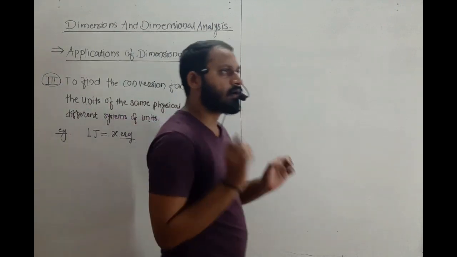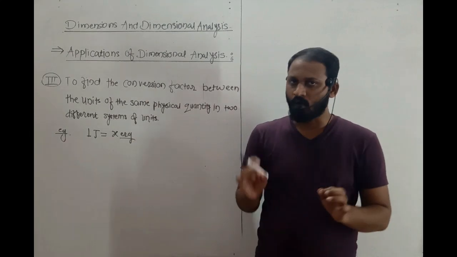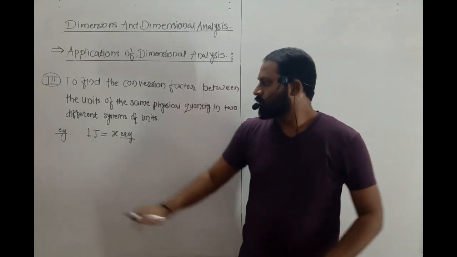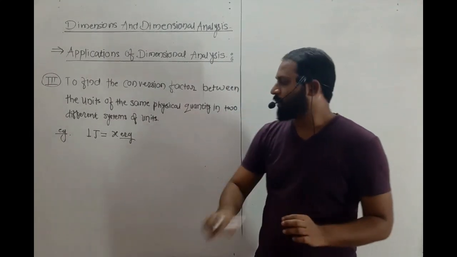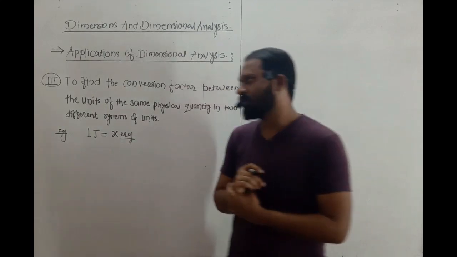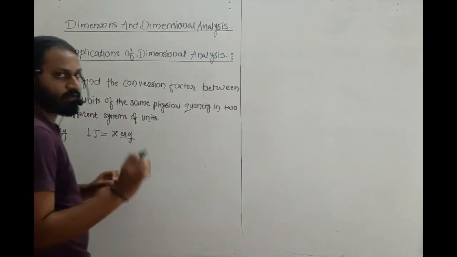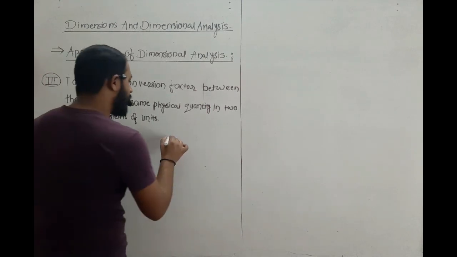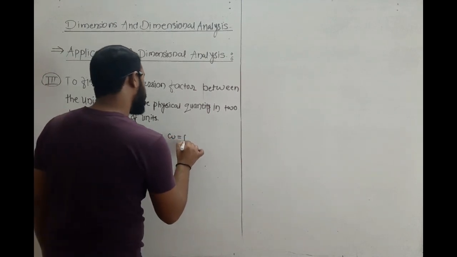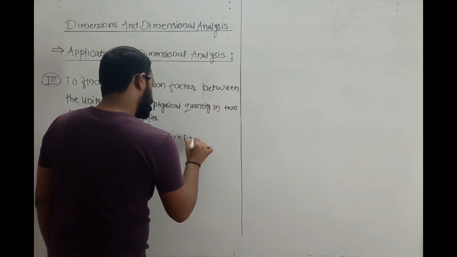Here joule and erg are the units for work done, but joule is in the SI system and erg is in the CGS system. Now see, first of all, we should know the dimension for work done. I will write here, the dimension of work done is L square.